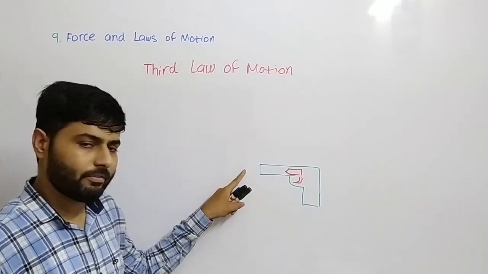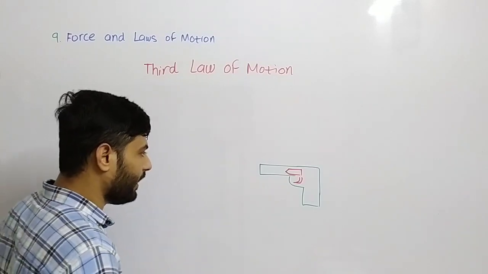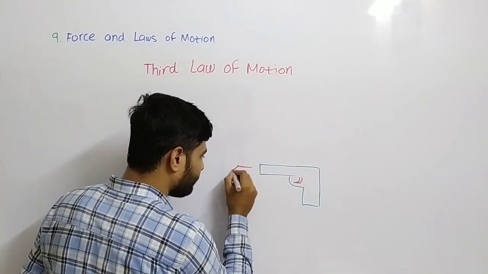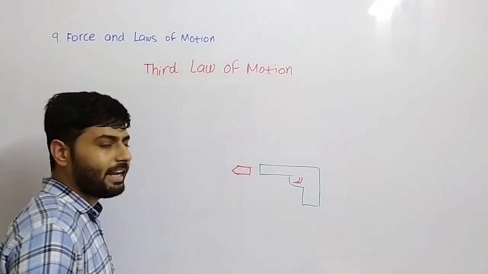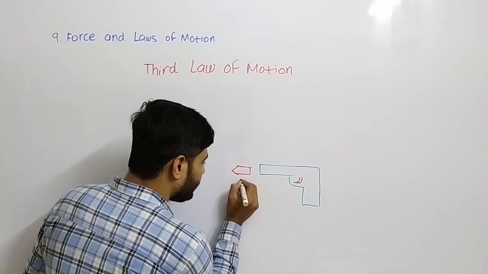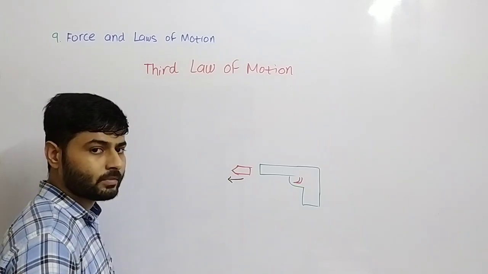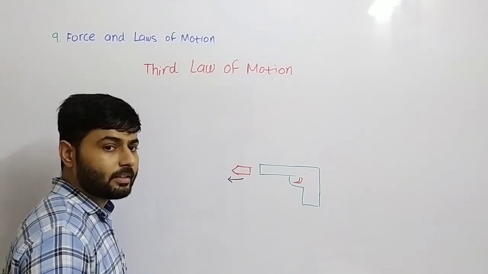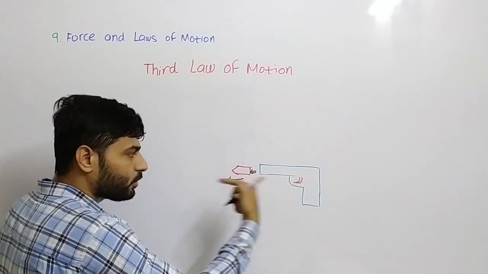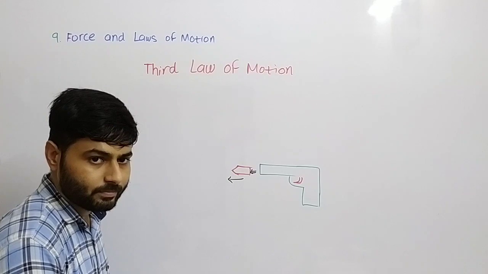When this bullet is fired like this, what will happen? This bullet has some velocity in this direction, and the force exerted on the bullet is also in this direction.